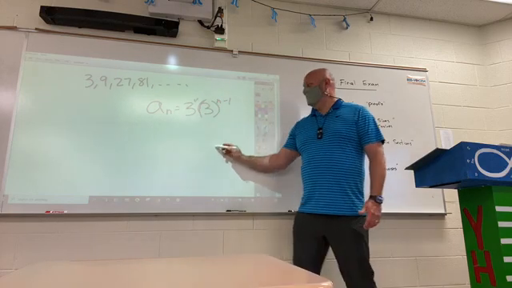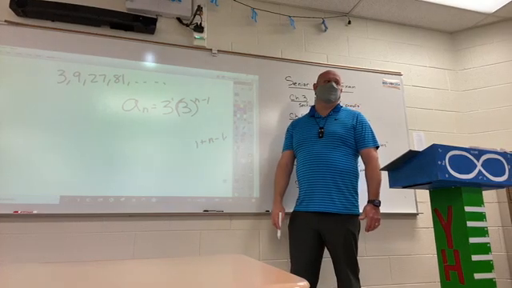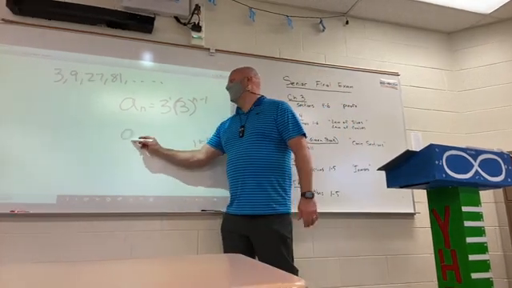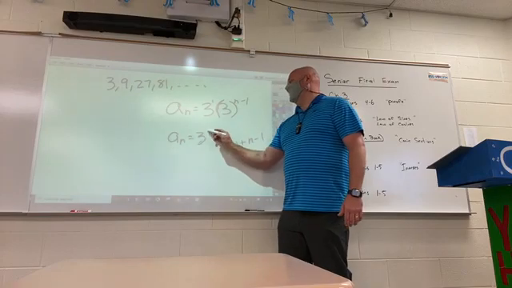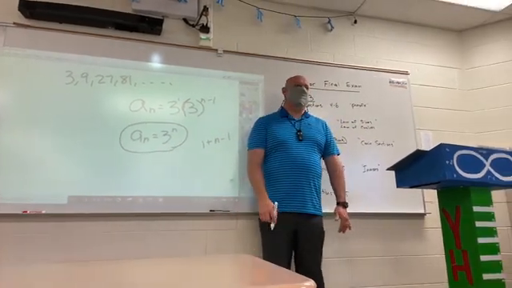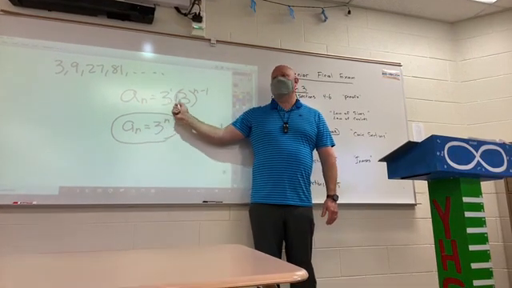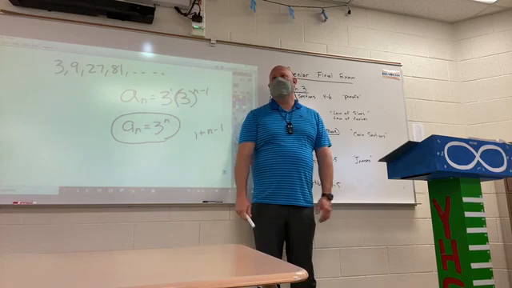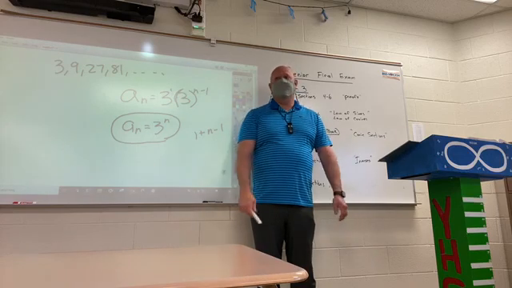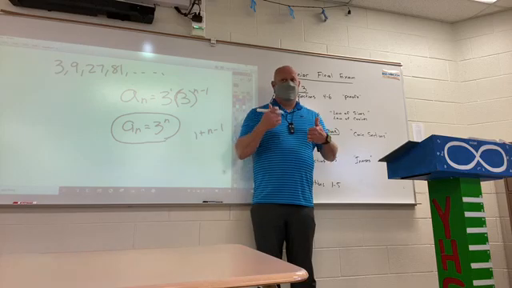You add them. What is 1 plus n minus 1? It'd be just n. This would simplify to just 3 to the n power. When's the only time you would ever be able to do that, though? When the a sub 1 and the r are basically the same number. That's the only time you'll be able to do that. Other than that, you'll never simplify a single one of these.